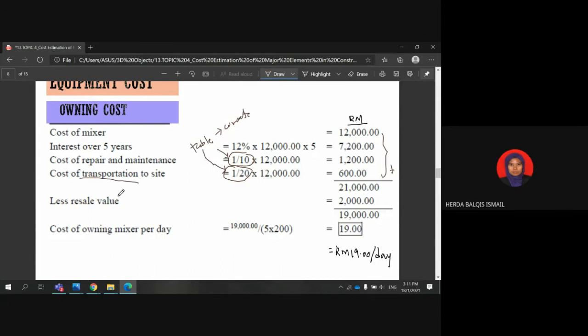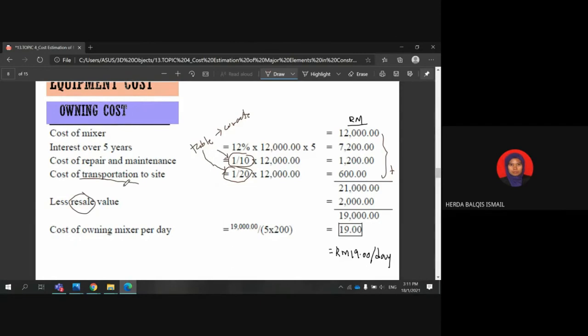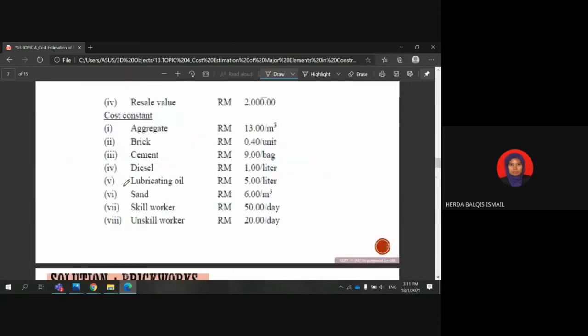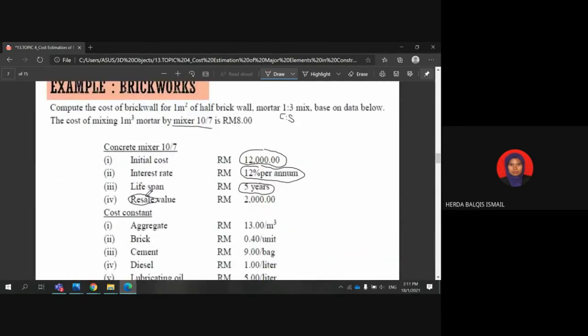However, in this question the resale value is stated. The resale value depends on the question. If the question states the resale value or the salvage value, you need to take that item into consideration. If it is not mentioned, you don't have to consider the salvage or resale value.